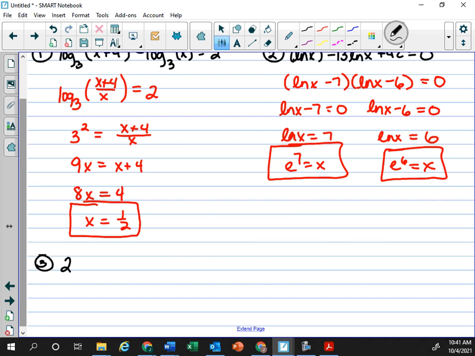Let's do 2 log base 5 of x equals 3 log base 5 of 4.